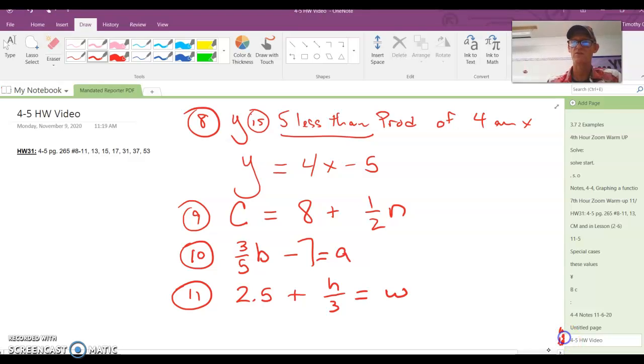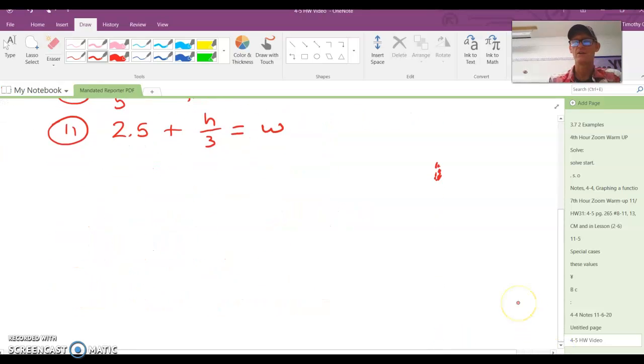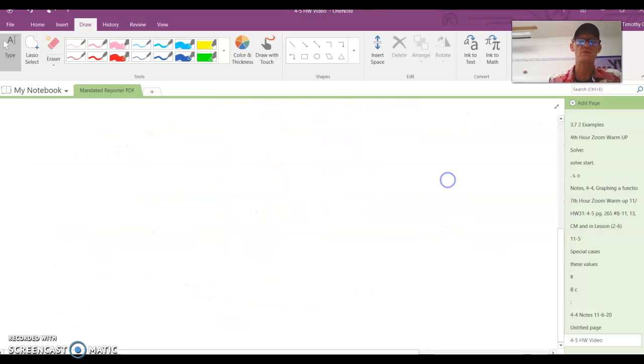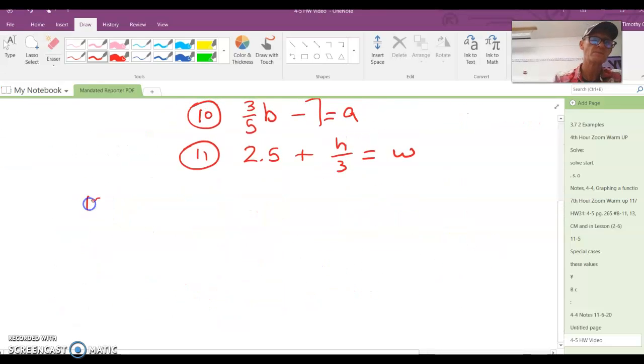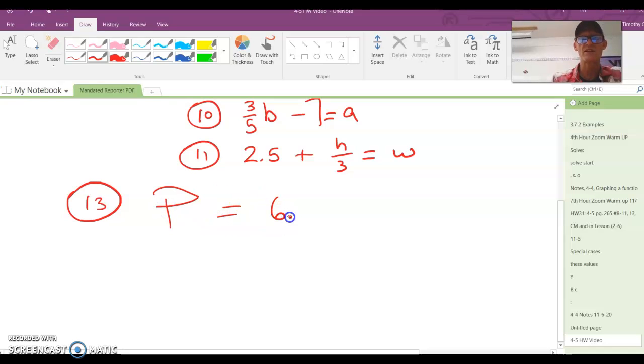So let's move on to the next set. 13 says the price of a pizza is $6.95 plus 95 cents for each topping. So the price of a pizza is equal to $6.95. Got to write a rule for that.